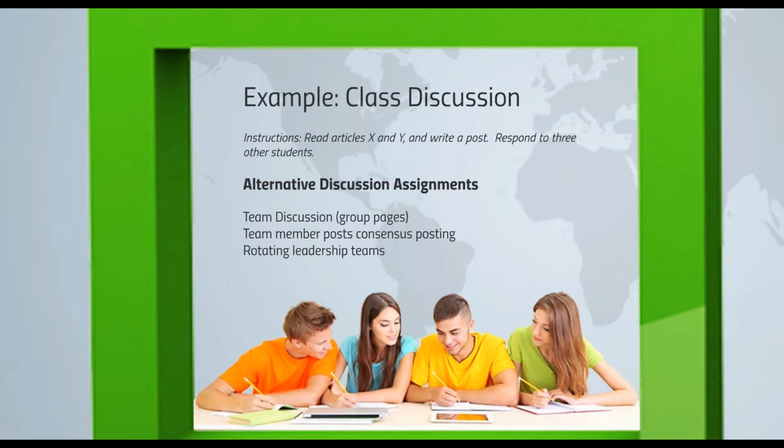So if you were to break up the class into smaller groups and have that same discussion in the different groups, as a professor, it might be a little bit more work for you, because then you're going to have to look at various discussion threads. Like if there's 3 or 4 groups, then you have to go to 3 or 4 spaces, but it's not that much work.